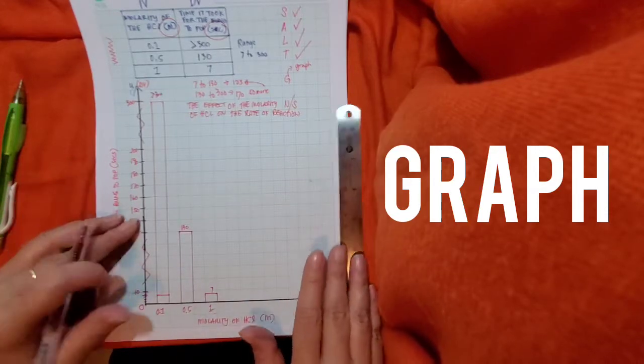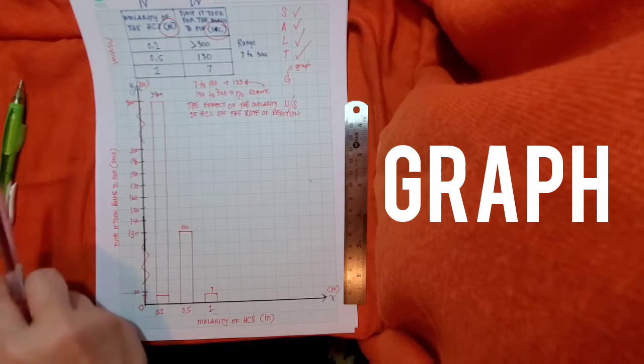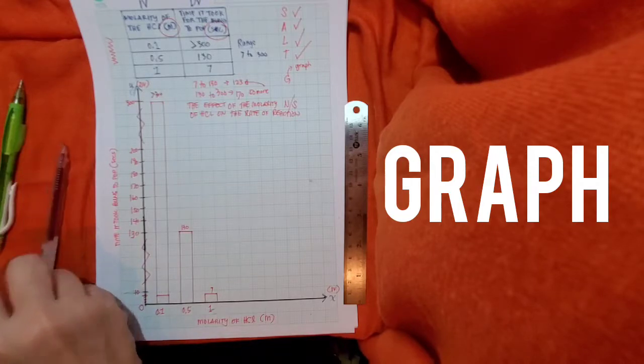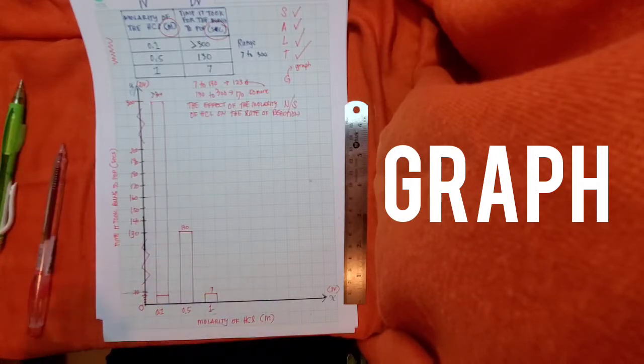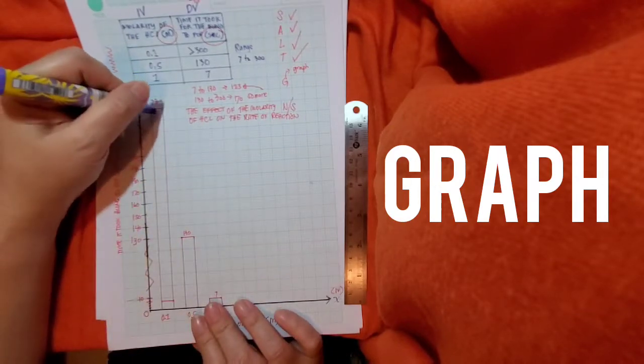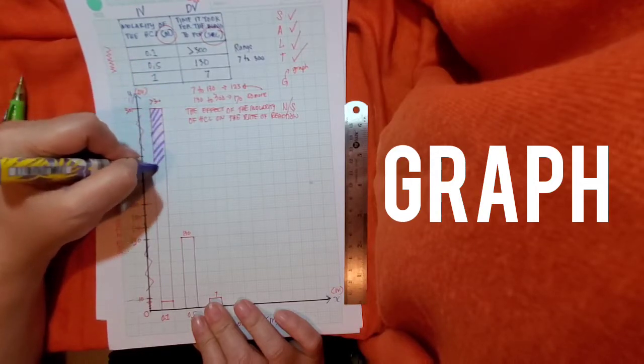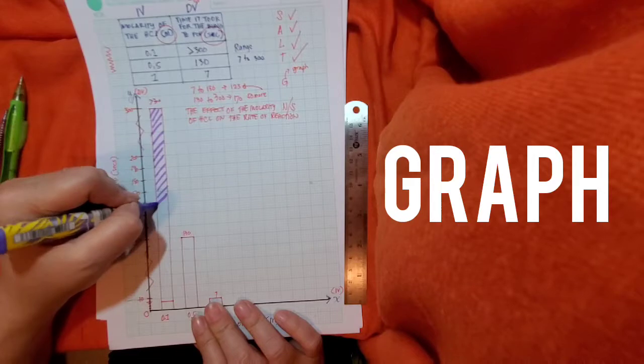Okay, now you can use a highlighter. Like I'm going to use a highlighter to color it or to put patterns. So this one I can put this type of pattern.